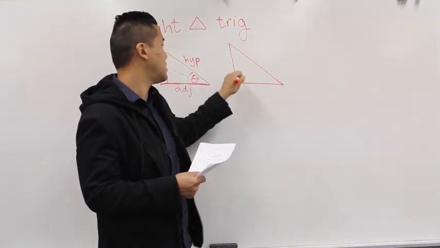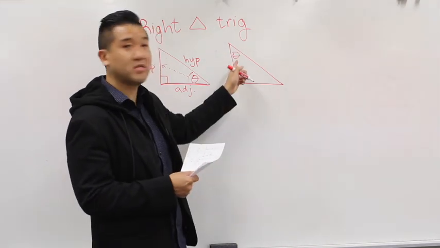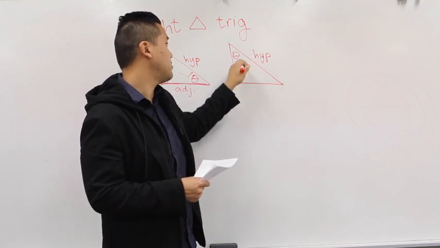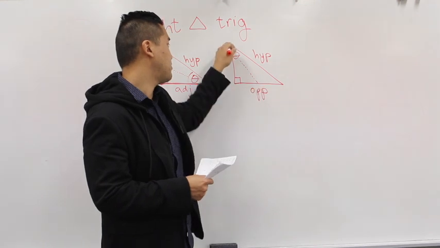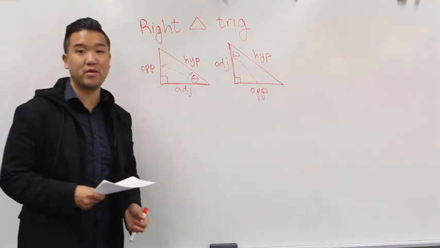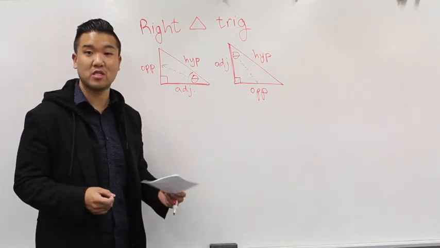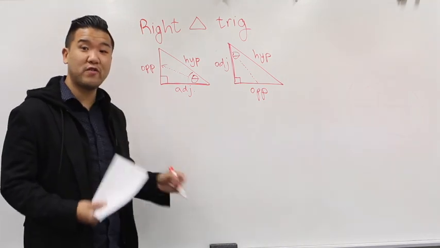However, same triangle, if I'm standing on this side, this is still your hypotenuse, but now the furthest away is your opposite, and the side next to you is your adjacent. That's important to know because we're going to have to use opposite, adjacent, hypotenuse to be able to solve trig functions.